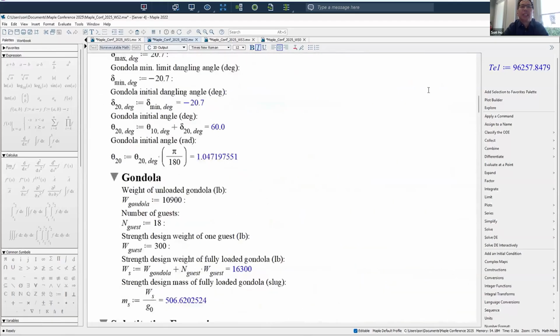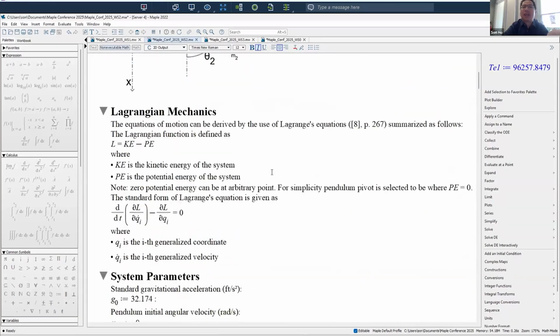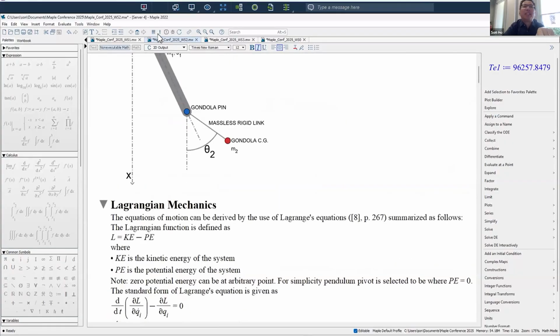Right here. This is where I find it. So I can replace right here and press the run button here, and I generate everything all over again. And it takes care of it all. So it's kind of convenient for me to do that instead of going through the middle of the worksheet and trying to change some numbers there. I think that's why I did what I did. Okay. Yeah, it makes sense.